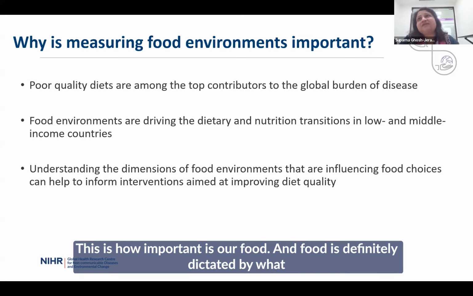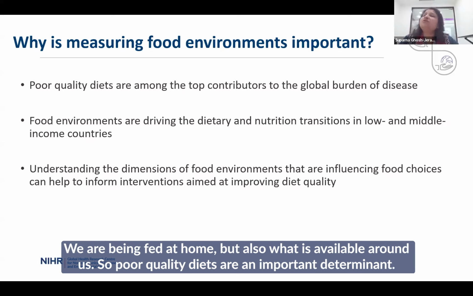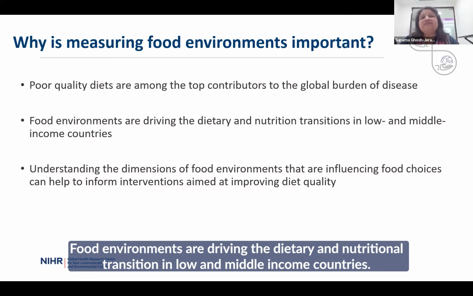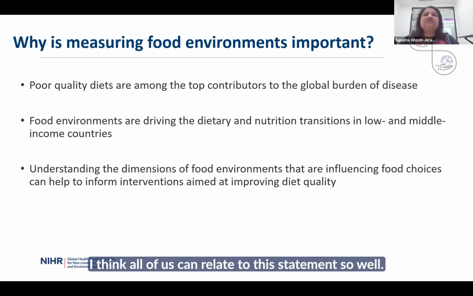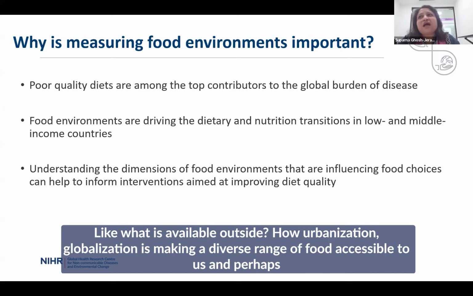And food is definitely dictated by what we are being fed at home, but also what is available around us. So poor quality diets are an important determinant. Food environments are driving the dietary and nutritional transition in low and middle income countries. I think all of us can relate to this statement so well. Like, what is available outside?